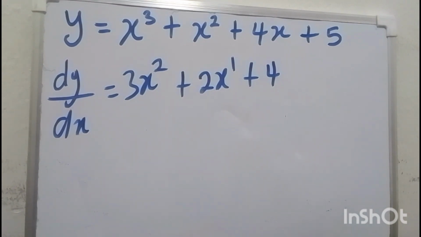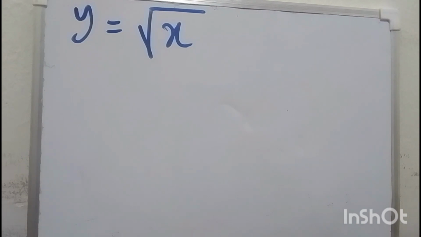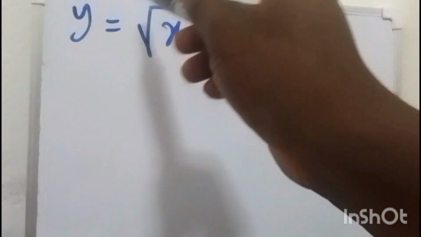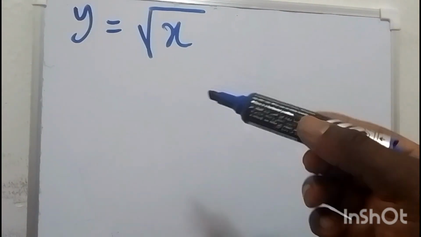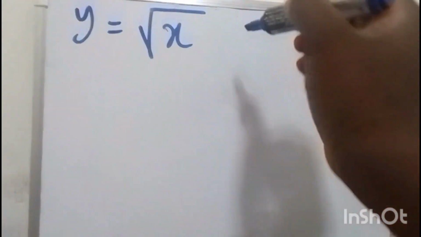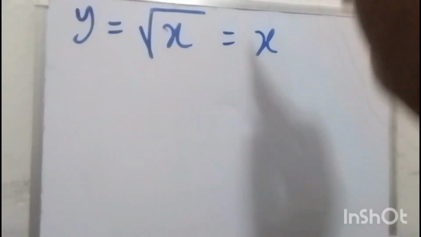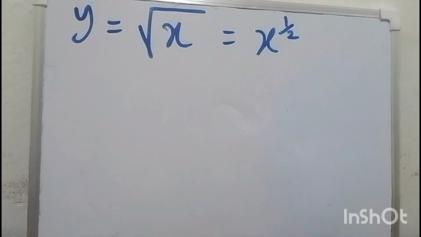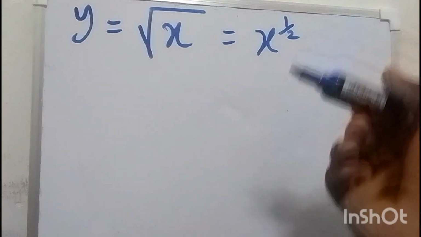So we look at another example. Alright, in some polynomials, it's not easy to differentiate this kind of question, for example the square root of x. So what we need to do is to change this square root to become an index. So square root can be written as x power 1 over 2. And how do we differentiate this?